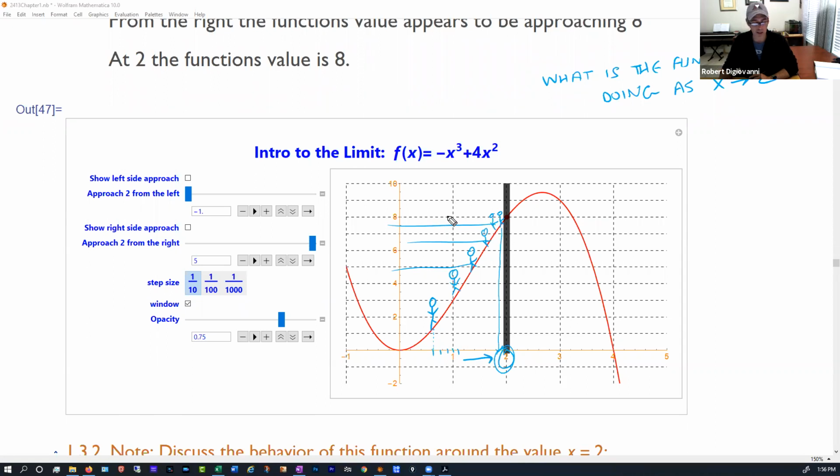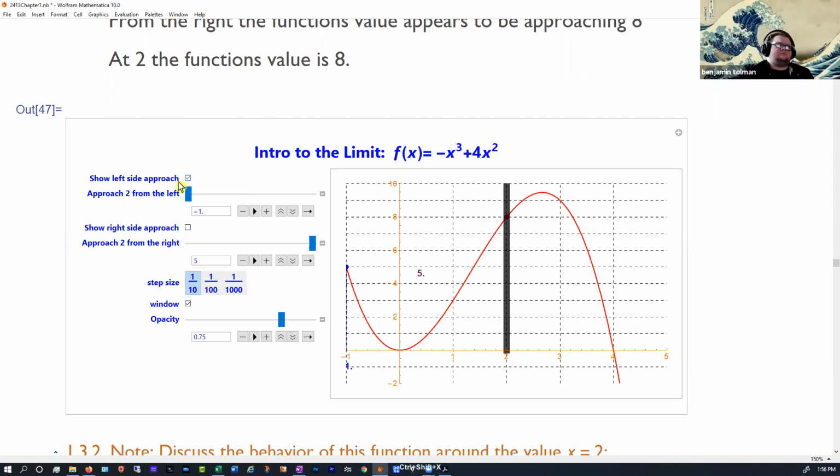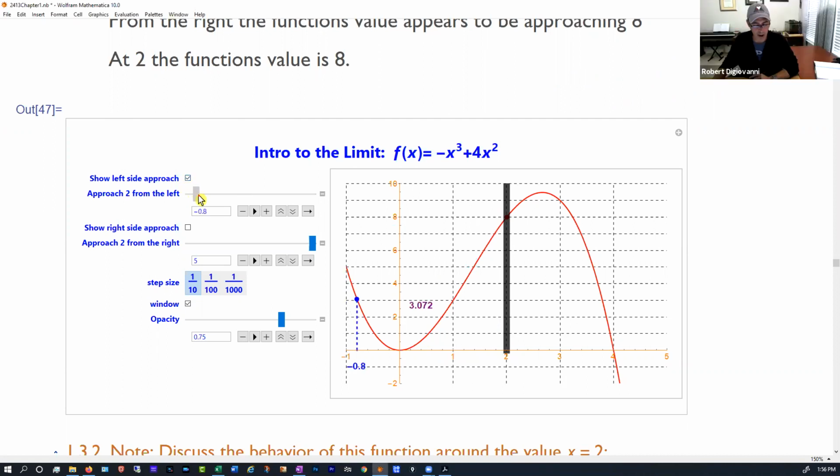I'm gonna clear this out of here. I have another way of showing it to you. If you start moving along the graph, the blue is the x value. The purple is the y value. As the x value, the blue, gets closer to 2, see it getting closer to 2? What is the purple y value getting closer to?